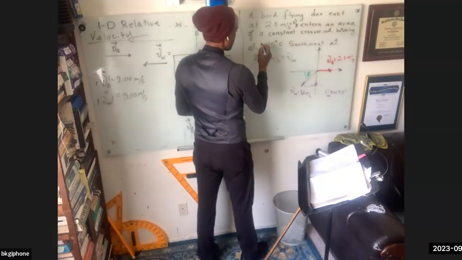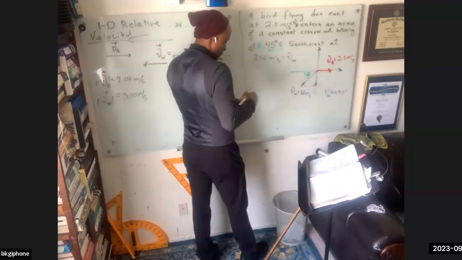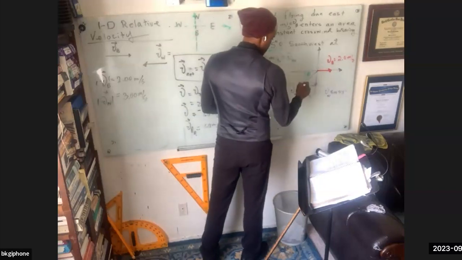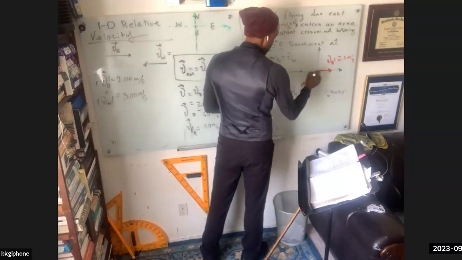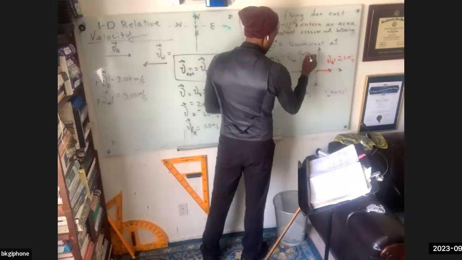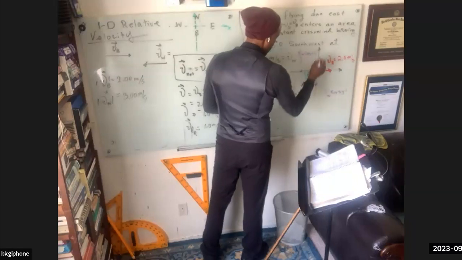The theta is equal to 45. And this component is VW times the cosine of 45.